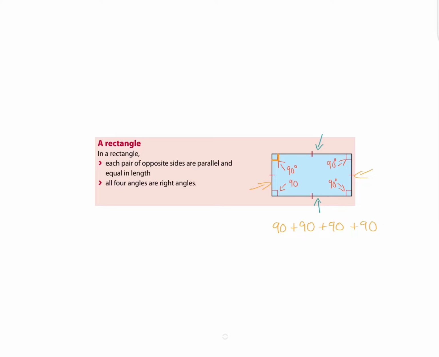You get 360 degrees, okay? So the total angles inside of a quadrilateral, inside of a four-sided shape, will always be 360 degrees.